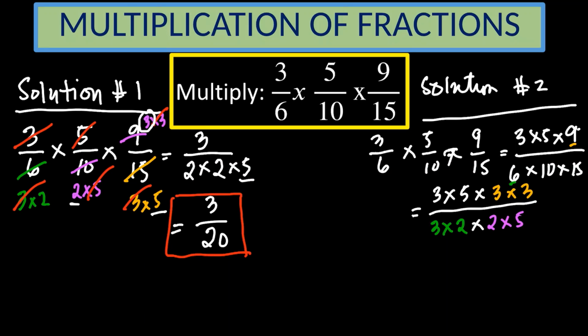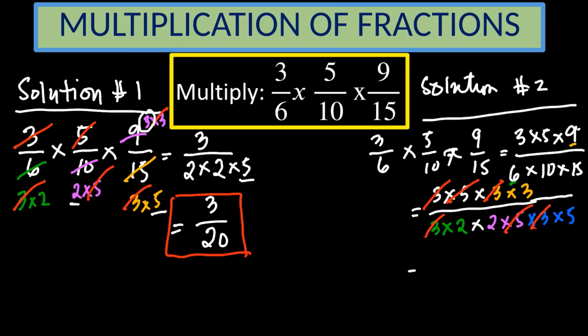And for 15, we have 3 times 5. Now let's take out the common factors. We have 3 and 3 here, and we have 5 and 5 here, and another 3 here and 3 here.